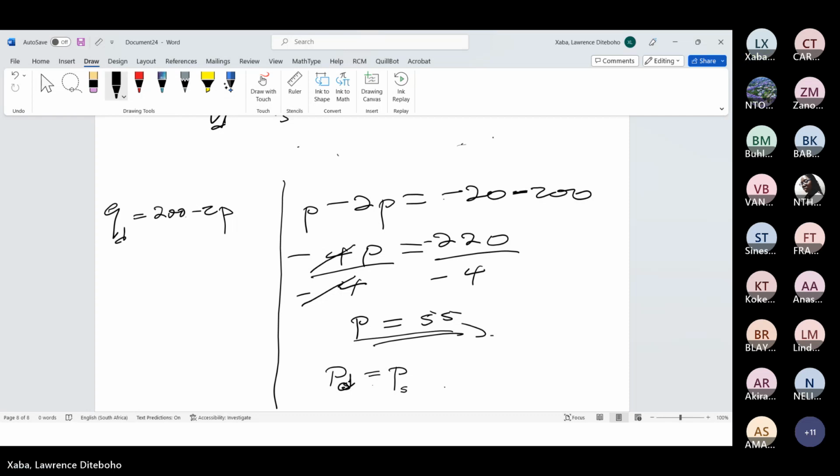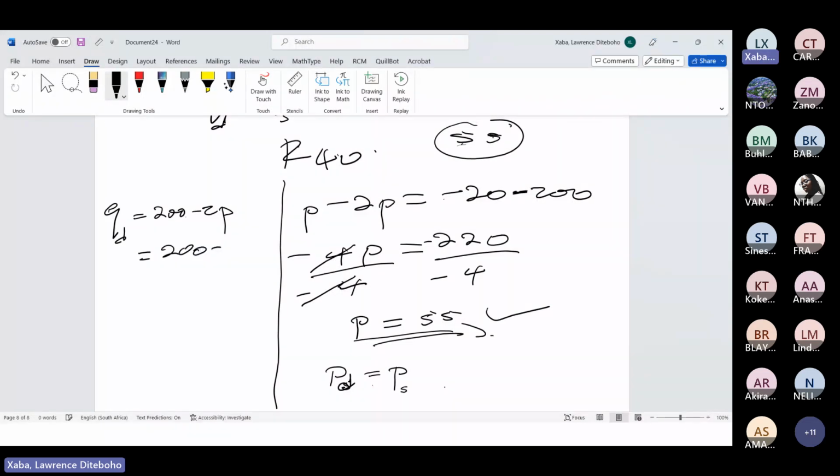Now they're saying we're introducing a new price of 40 Rand, where the calculated price, remember, was 55. So if we introduce the new price, we have 200 minus 2 times 40.